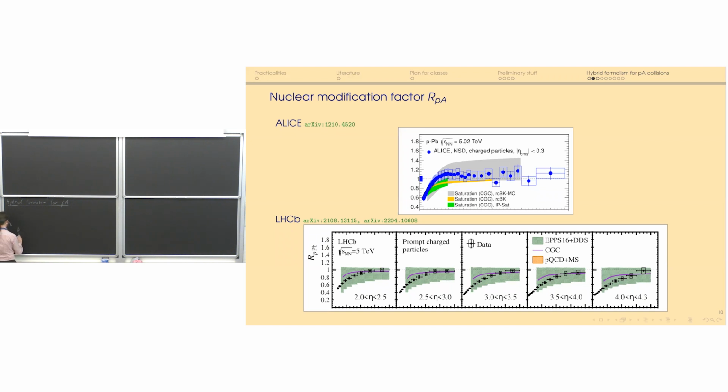Let's choose our coordinate system so that it has some p plus, going in the positive direction, and then it is hitting a large nucleus which has some p minus. So we're taking the nucleus going in the negative direction, proton going in the positive direction. Okay, and then we measure something.